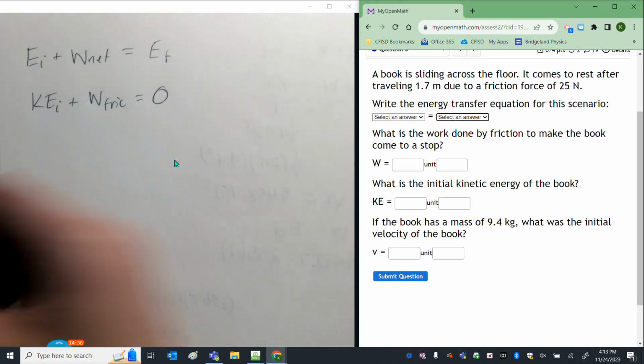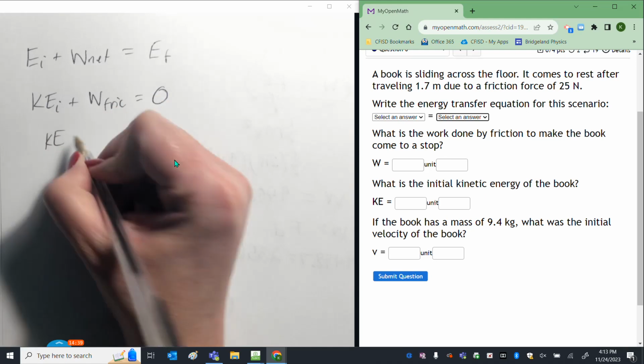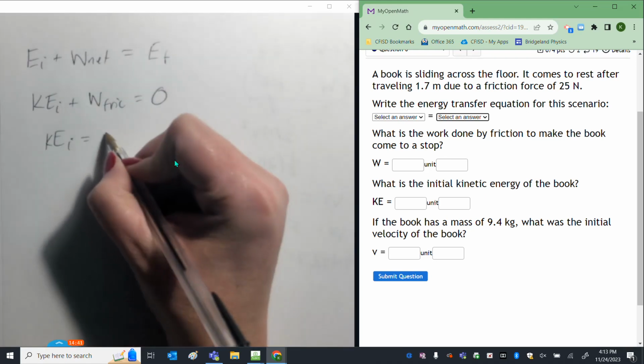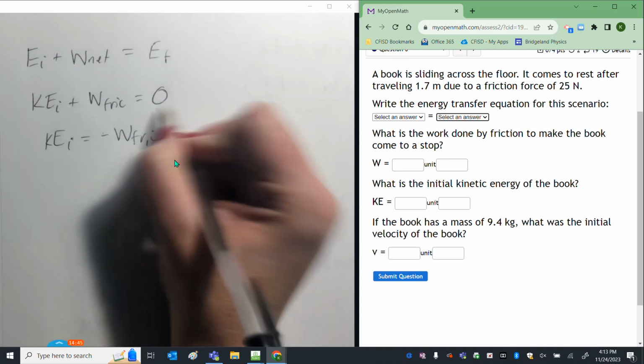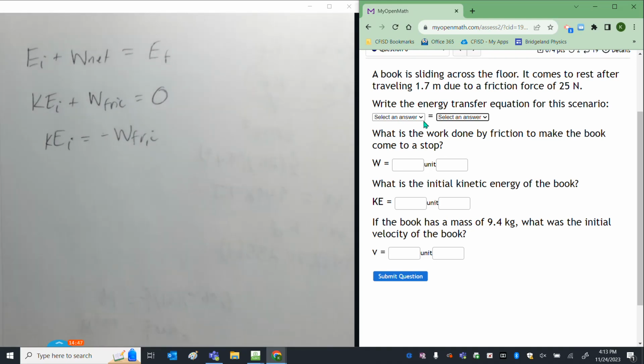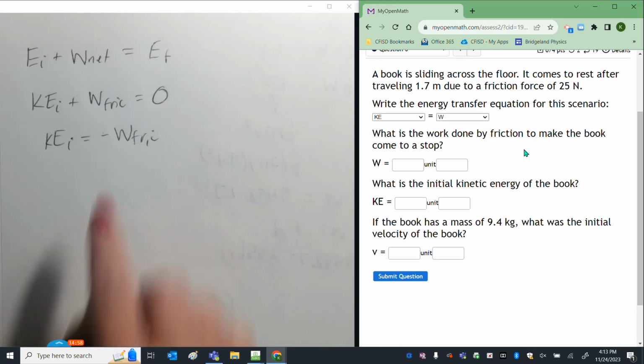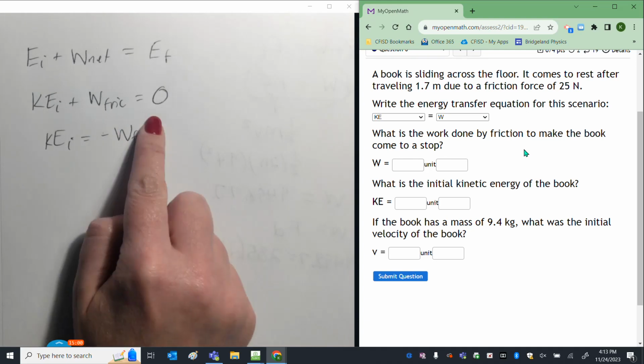You can also rewrite it like this: KE initial equals that negative work done by friction, if you want to rearrange the equation. Okay, and so I think that's how they have it here, is that our KE that we start with initially is equal to, and it's really the negative work that we have at the end. You can see that here whenever I move that over here.